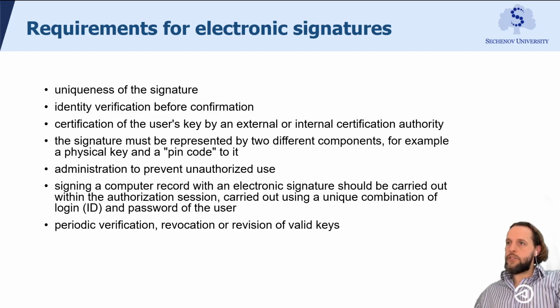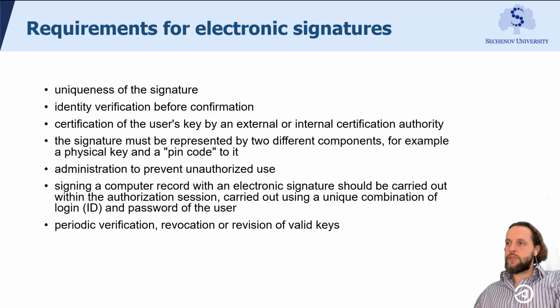All digital signatures should have at least two components. For example, it could be a physical key and a code to activate it. There should be an active procedure of administration to prevent unauthorized use of these signatures. Signing of the records could only be possible inside of authorization sessions. So first of all, the user will need to enter the system and only after that sign some documents.